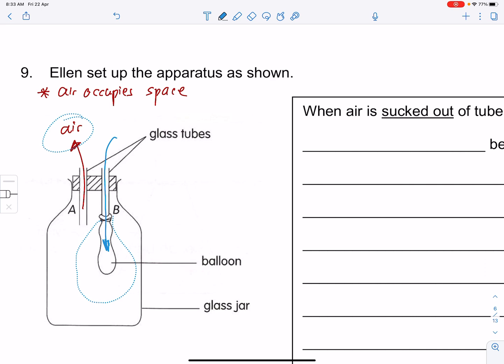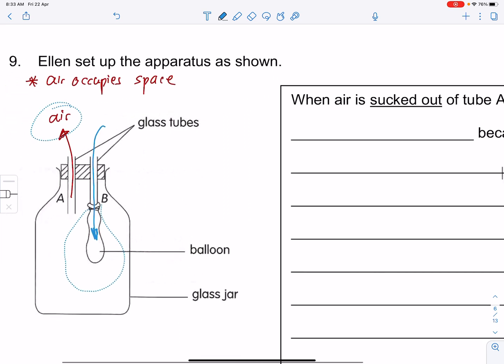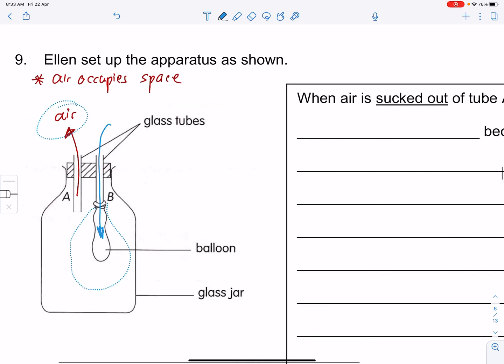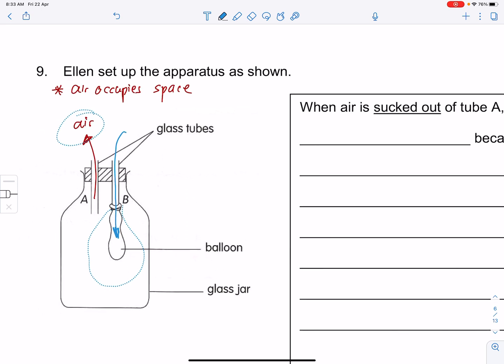So all these points that I say need to be included into your answer. So let's see how that is translated into words. Please copy down all annotations. It's very important because as you annotate, it helps you build a better understanding. Alright, because practice makes habitual.